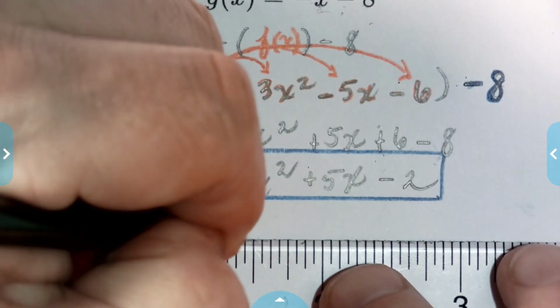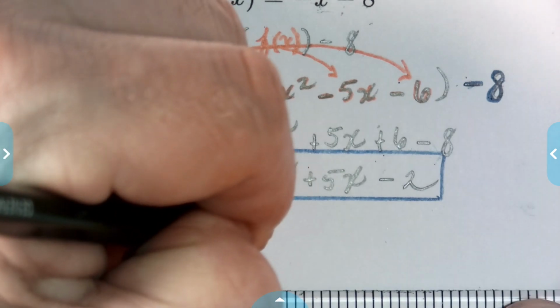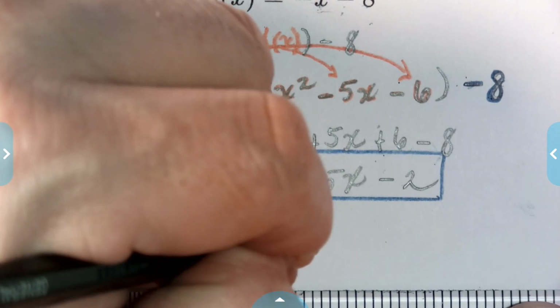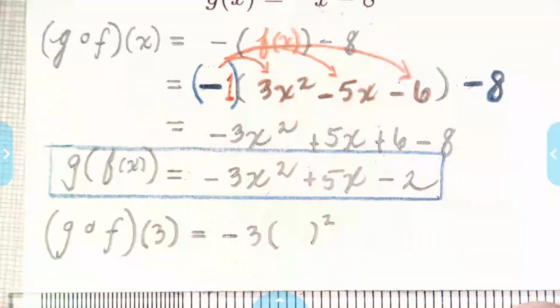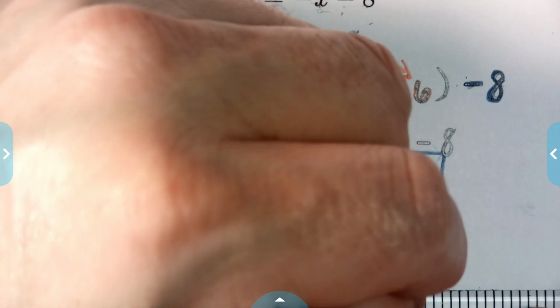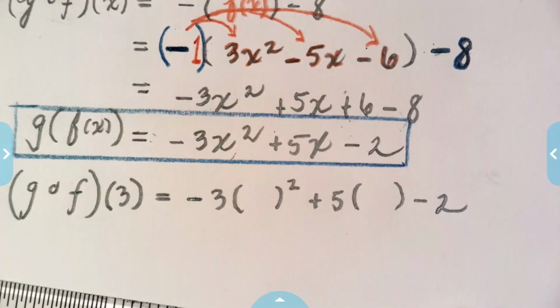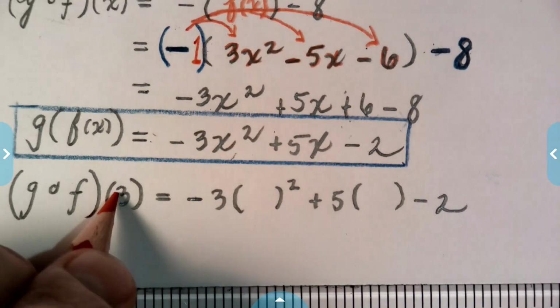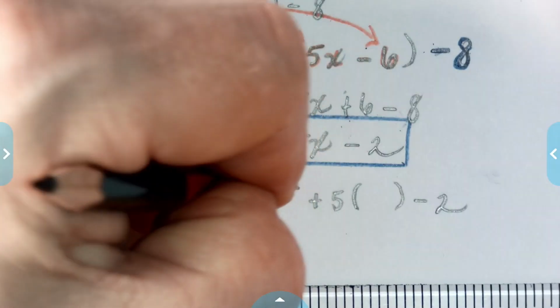So we'll put our -3 and then open and close parentheses squared plus 5, open and close parentheses, minus 2. Okay, and I'm going to put that 3 in there. So this is what I'm evaluating.